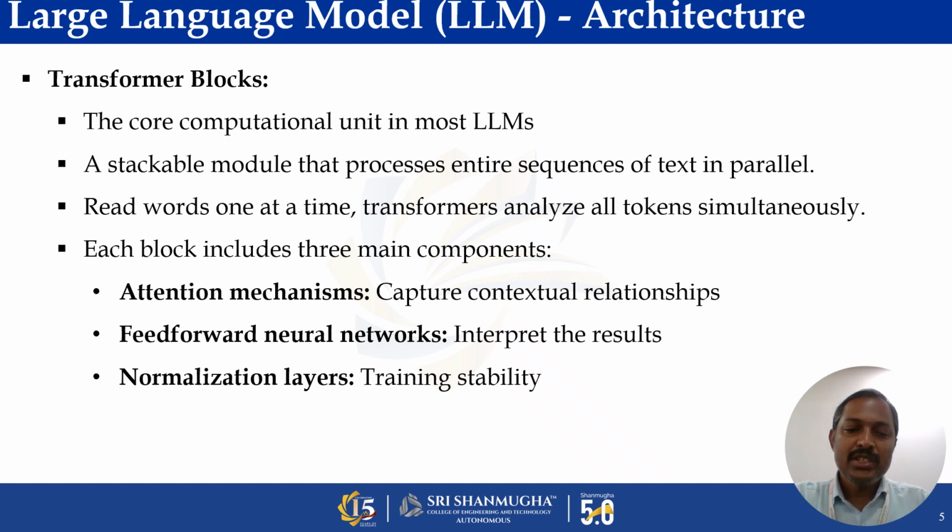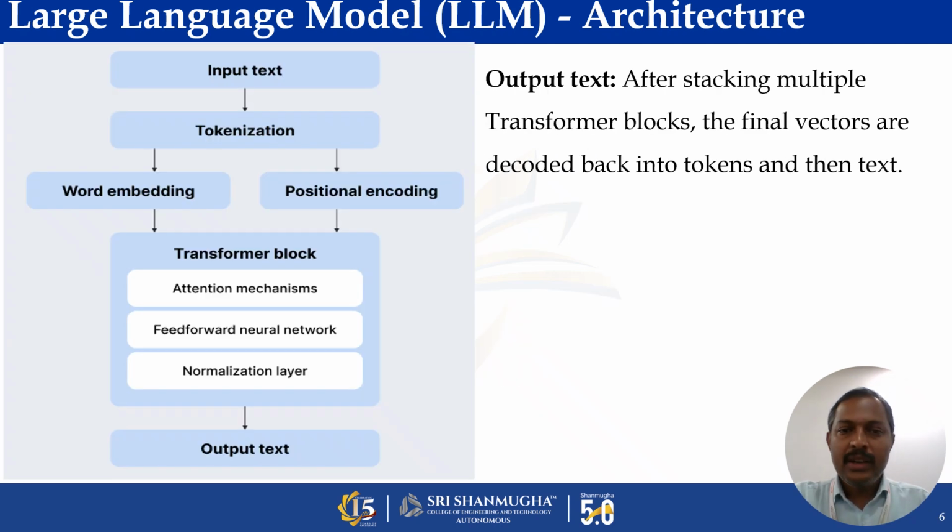The next, normalization layers, help with training stability, to give more training to produce good results. That is the purpose of normalization layers. Next, output text. After stacking multiple transformer blocks, the final vectors are decoded back into tokens, and then text.